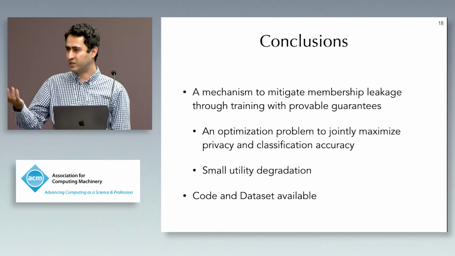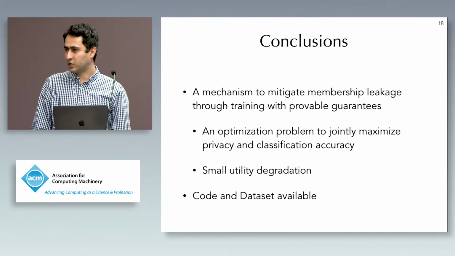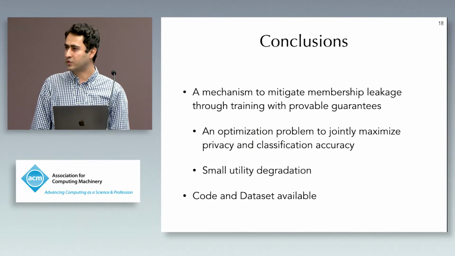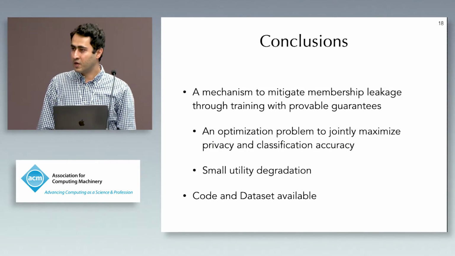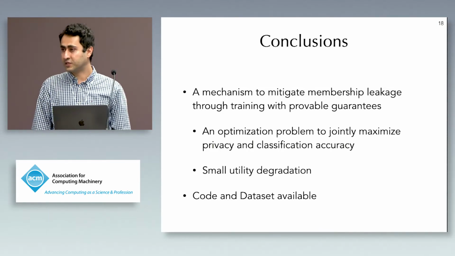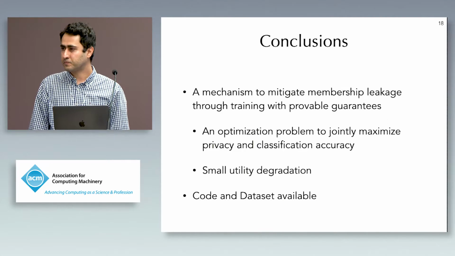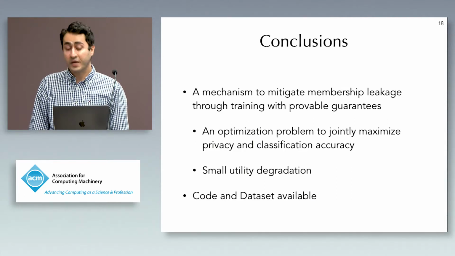It would be a good thing to also try out those APIs and test this mechanism on those, but we haven't done that. So it would work against the black box model? Yes, this is a black box defense, exactly.